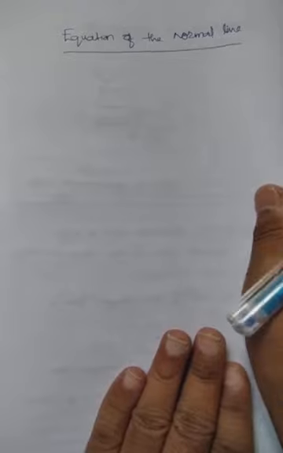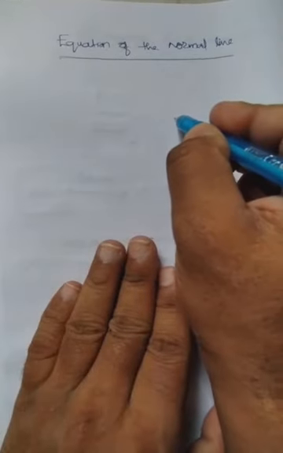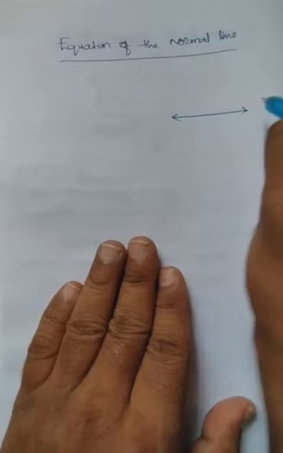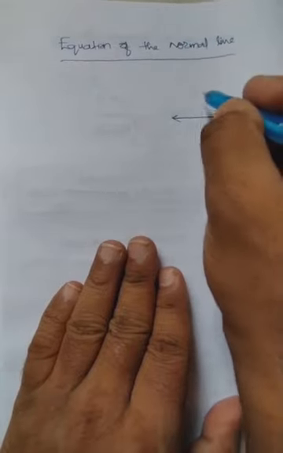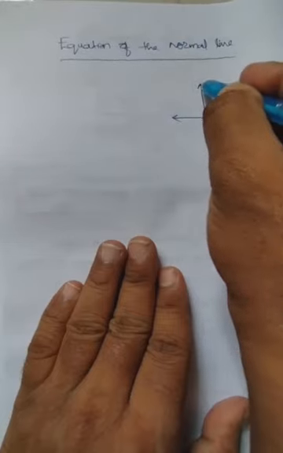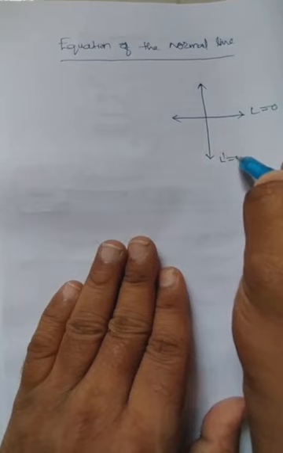So we will recall one formula from the straight line: suppose this is a line we have, L is equals to 0, and it is L dash is equals to 0.